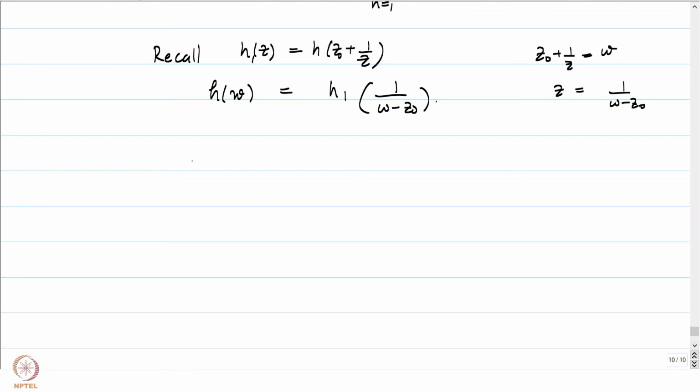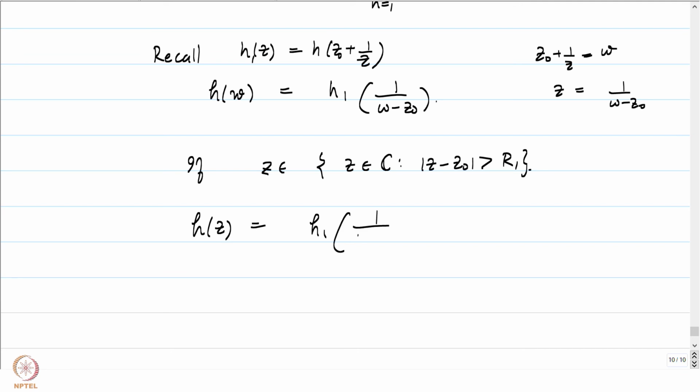So in particular, if z is in the set of all those points such that mod z minus z naught is greater than R1, then h of z is going to be equal to h1 of 1 by z minus z naught, which is perfectly in the valid domain of definition of h1. Notice that 1 by mod z minus z naught is going to be less than 1 by r1, and that's precisely where our h1 is defined to be, right?